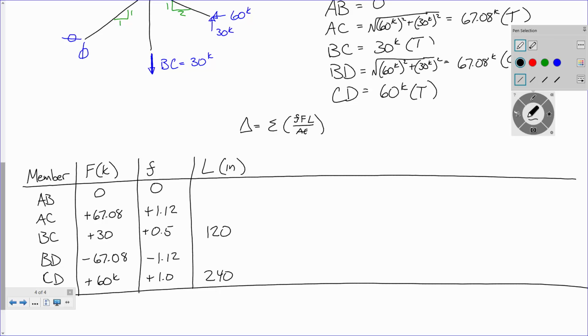It's a 1-to-1, so it's 20 times the square root of 2 times 12 to convert it to inches. Well, actually, it doesn't matter because it's 0. So all we have to do is AC and BD, and they're both 20 across and 10 up, so they're both going to be the same length. So what do we got?